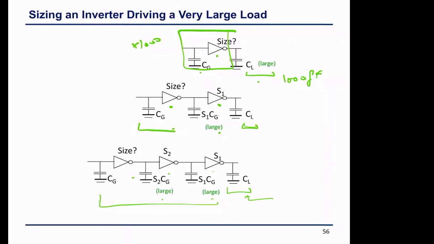But now if I have 2 of them, I can make this intermediately large, and then this does not have to be sized as much. And in similar fashion, as I add more inverters in the chain, I can break down the effect by sizing them gradually so that I do not have to size it extremely large.